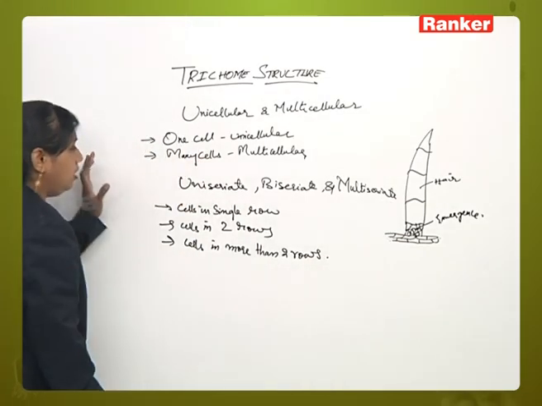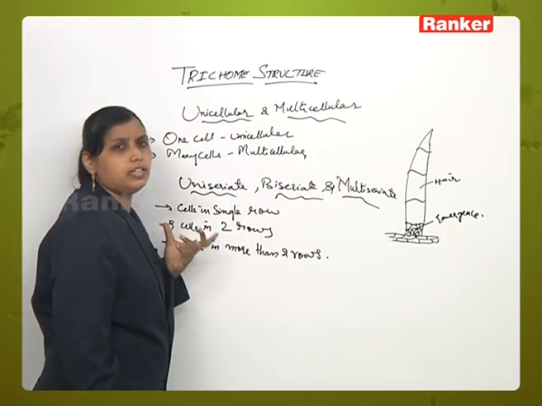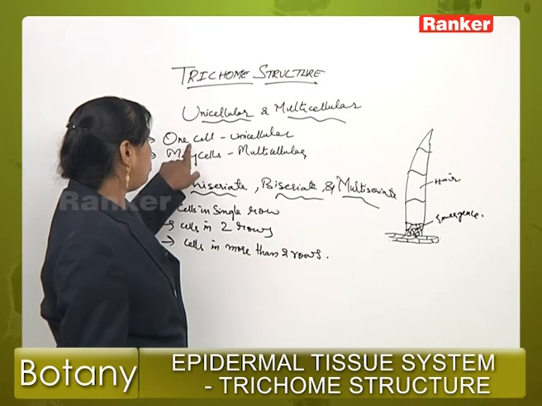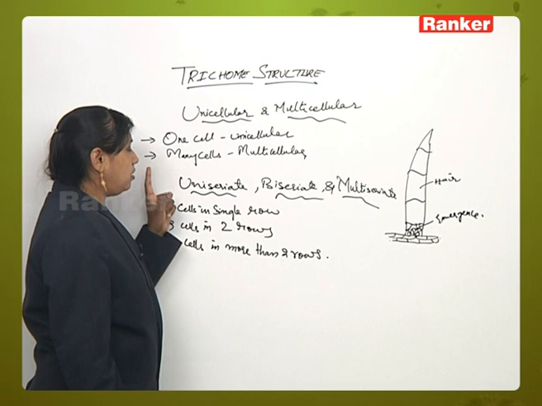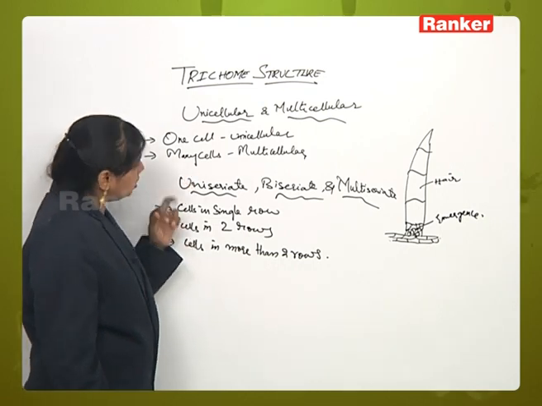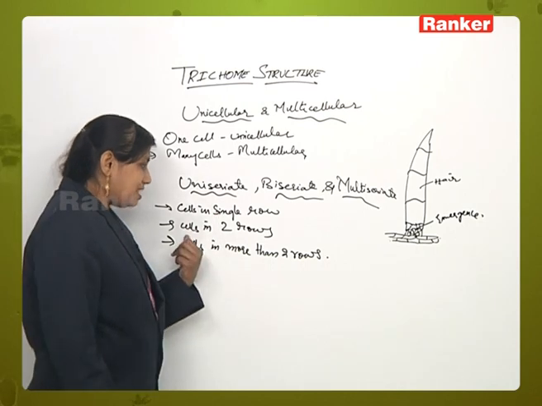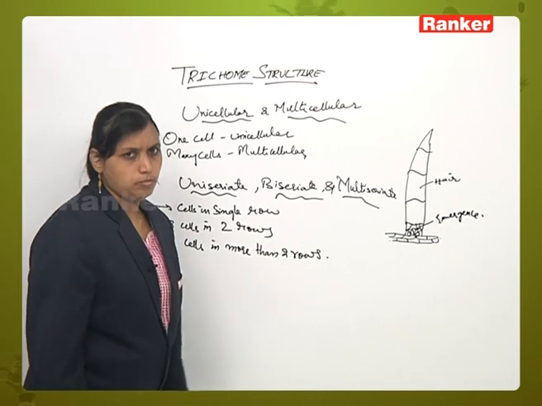So these are the different possible forms of trichomes. If there is only one cell, it is unicellular; if they have many cells, it is multicellular. Uniseriate has cells in a single row, biseriate in two rows, and multiseriate in more than two rows.